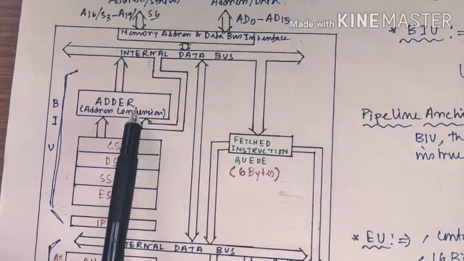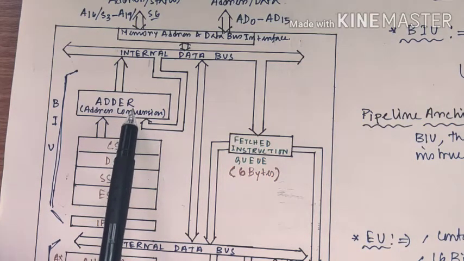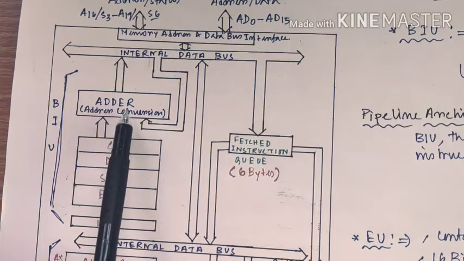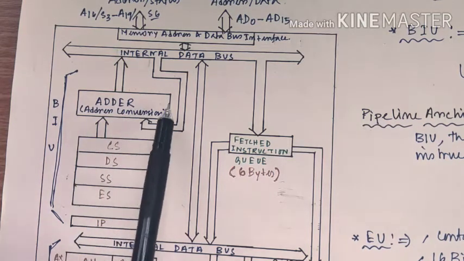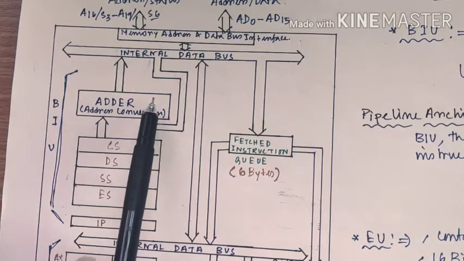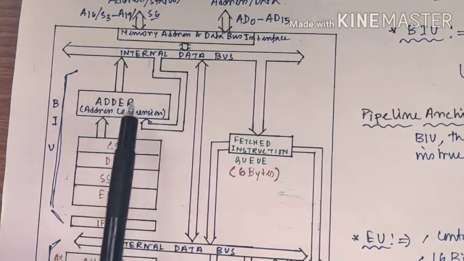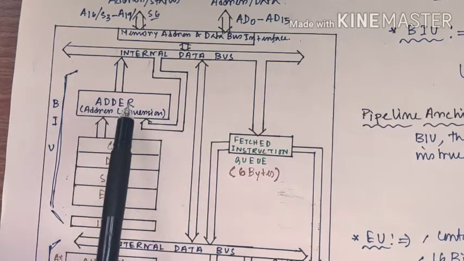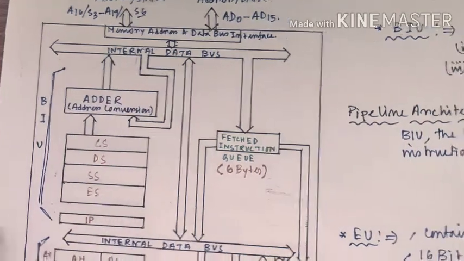One is called segment address, another one is called offset address. In the upcoming video I will explain what is segment address and what is offset address. So the actual physical address, that is the 20-bit address, is calculated within this hardware from segment address and offset address. That is the function of BIU.